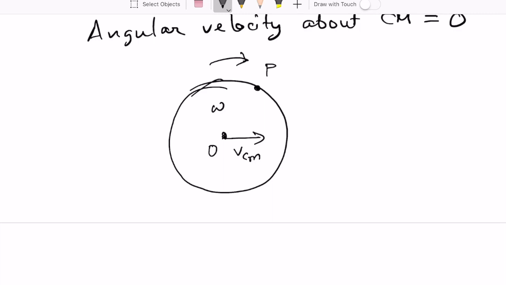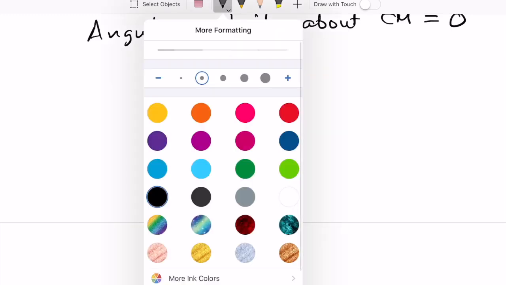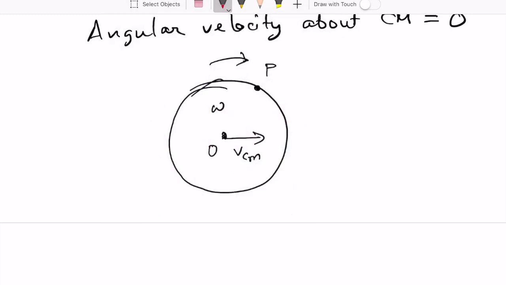One of them is due to the fact that the entire disk is moving, right? So one velocity that the point P has is the velocity of the center of mass. That's one contribution to its velocity.